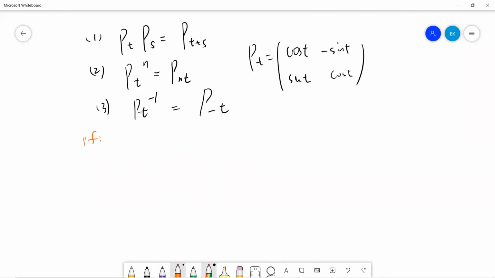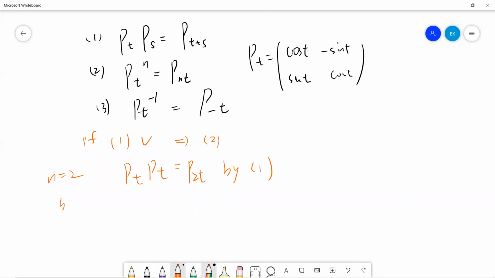Let's first check that 1 implies 2. Suppose 1 is correct, and we want to prove that 2 is correct. We can prove it by induction. I can check for n equals 2, that P of t squared equals P of 2t, which is by 1.